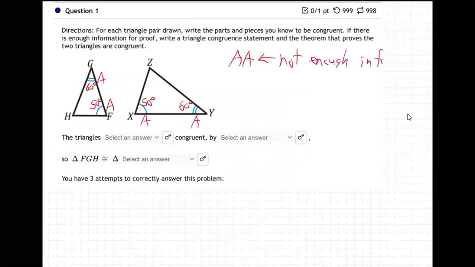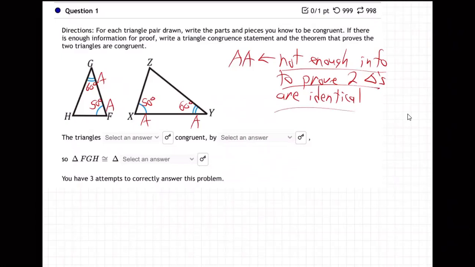AA is not enough information to prove 2 triangles are identical. You need 3 letters, don't you? And they didn't give us any more information. All they gave us was those 2 angles in the 2 triangles.